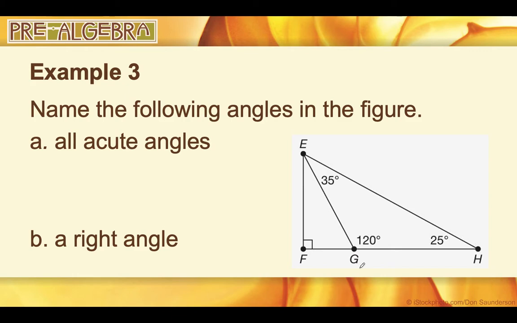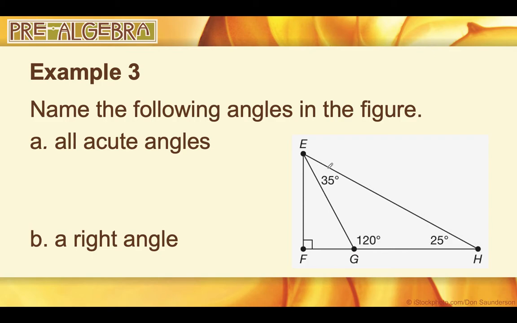What about this one right here, 35 degrees? Okay, what angle is that? You have to name the angle. Could I say angle E? No, I can't just say angle E because are you talking about angle FEG or angle GEH?